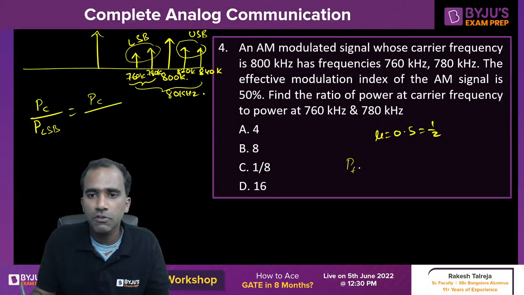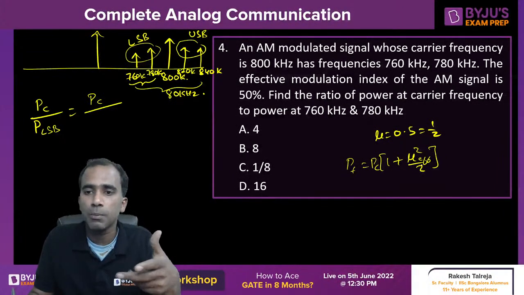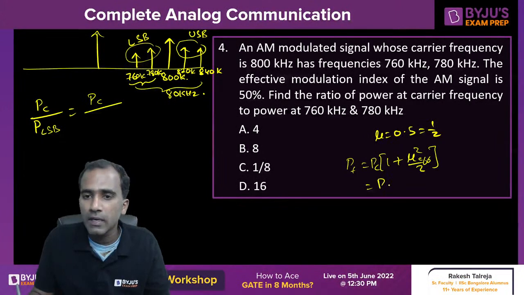Let us quickly write the formula. PT is Pc into 1 plus mu square by 2, or mu effective square by 2 because it is multi-tone modulation. Because it is sinusoidal, I'm taking it as the mu square by 2 formula. Otherwise, I would have taken Ka square into Pm. So carrier power is Pc, and mu square by 2 into Pc is the sideband power.